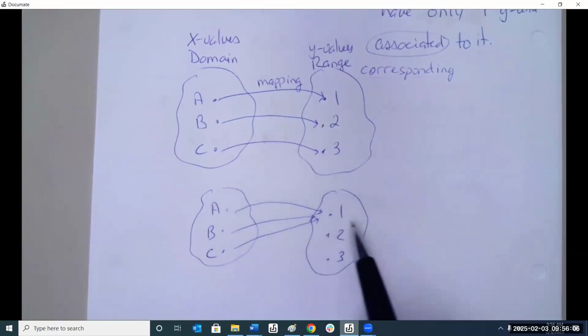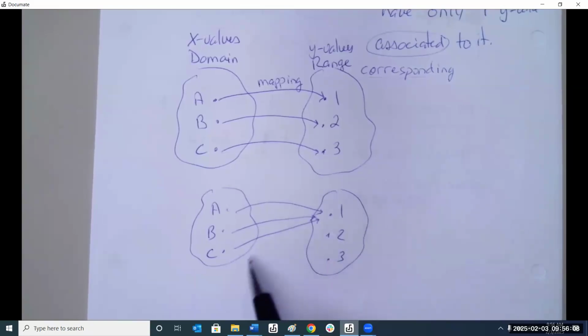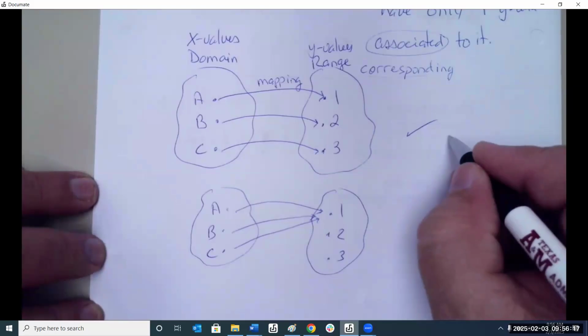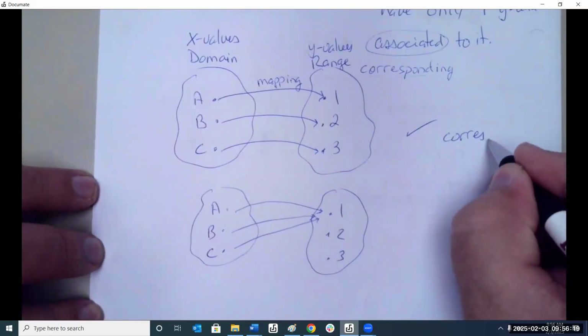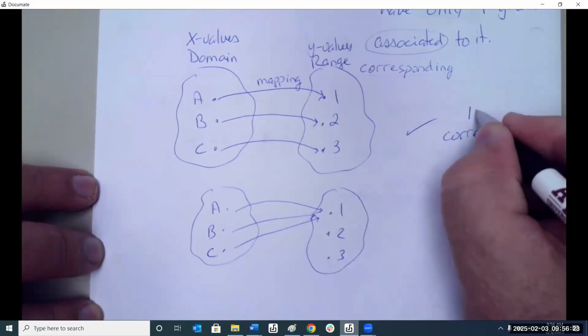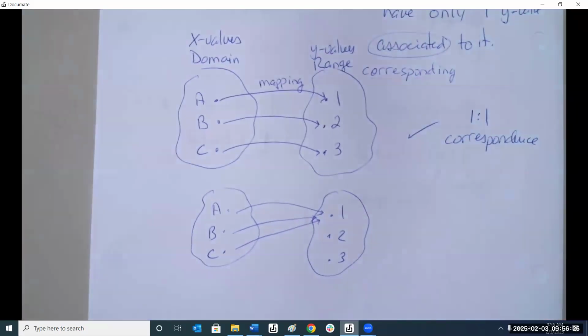The students and the instructor. All the students give the instructor their work. That's a one-to-one correspondence. So that's a correspondence. And for one-to-one, we shorthand it that way. This is a one-to-one correspondence.